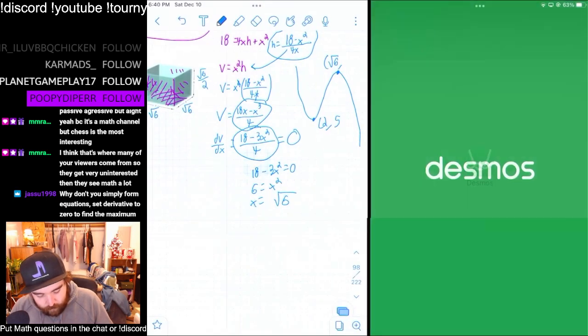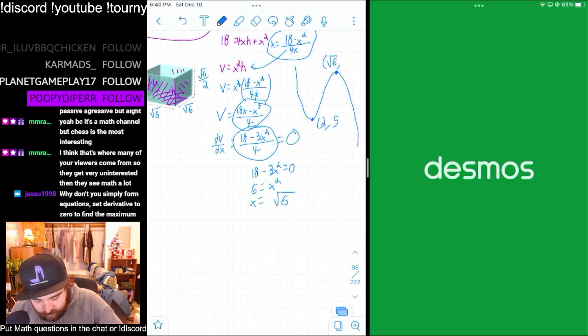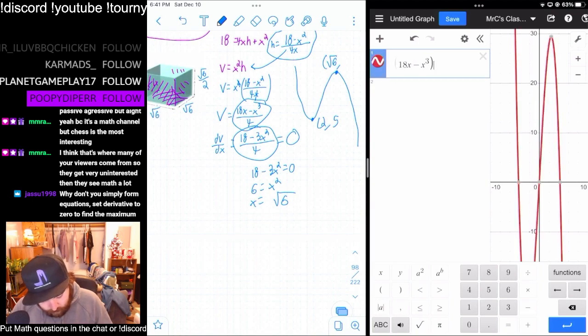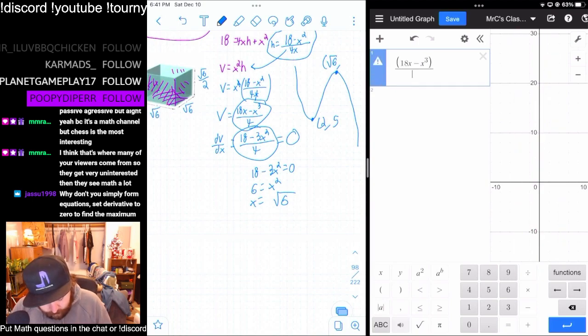is, it's not the best visualization, but let's look at our equation for the volume: 18x minus x cubed, divided by 4.